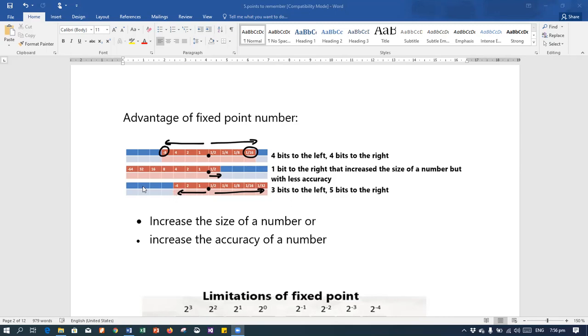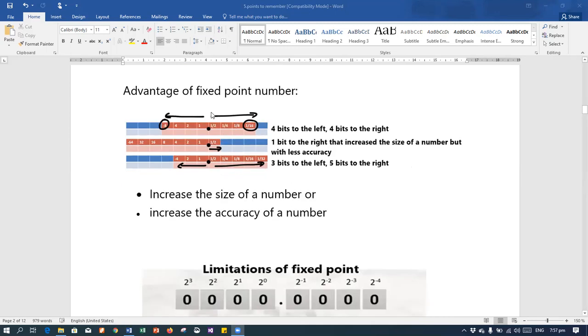Same case with the third example. So there is no consistency in storing the numbers, and it gives less accuracy. I hope it's clear to you. We can store numbers with negative signs along with an increased size of the number, but there is less accuracy as compared to floating point numbers.